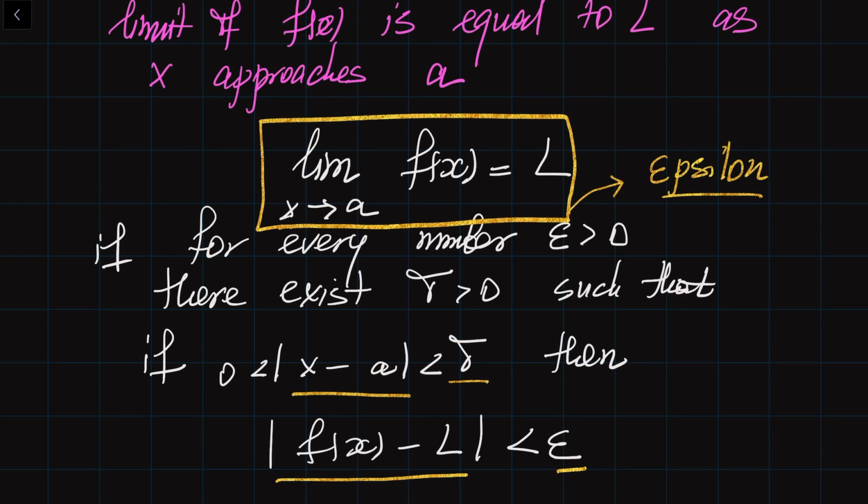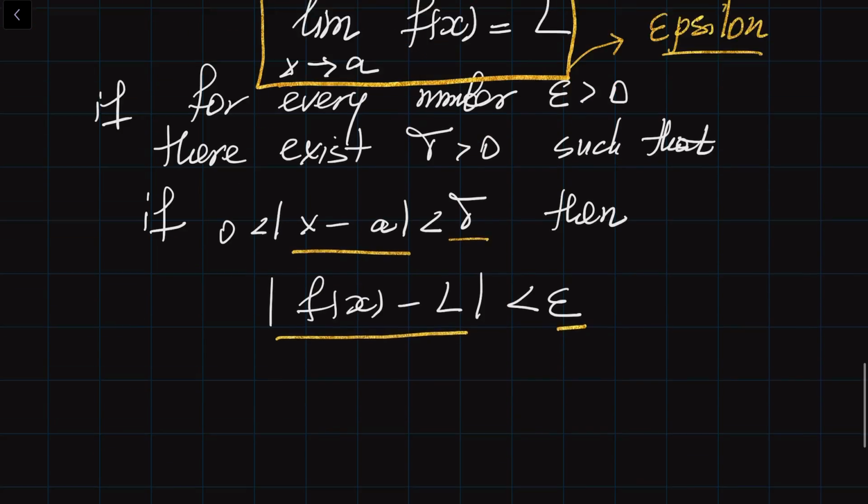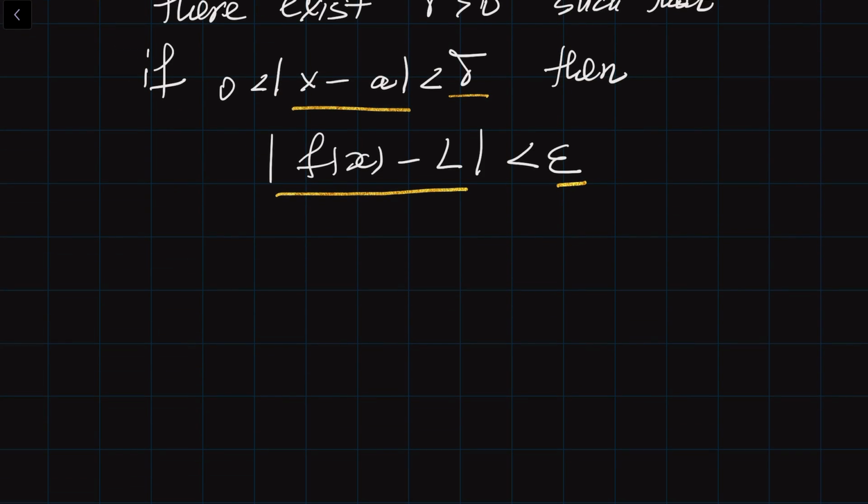This is essentially what this definition means. So let's do an example. Usually we are not going to use this definition in order to find the limits. Usually we use this definition in order to prove the existence of the limits. So let's try to do some exercise.